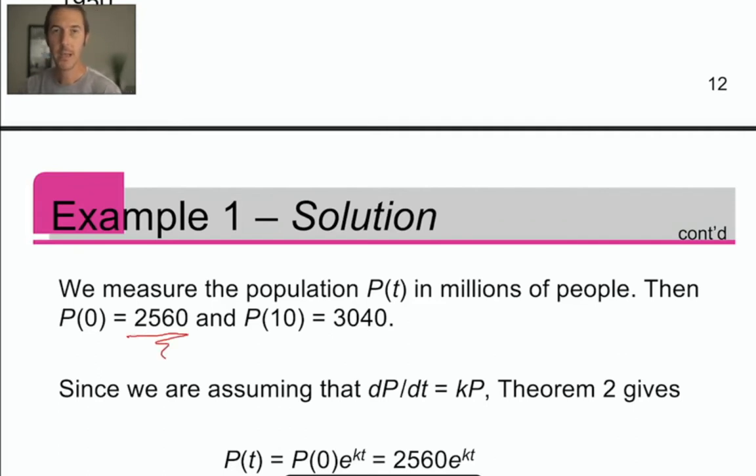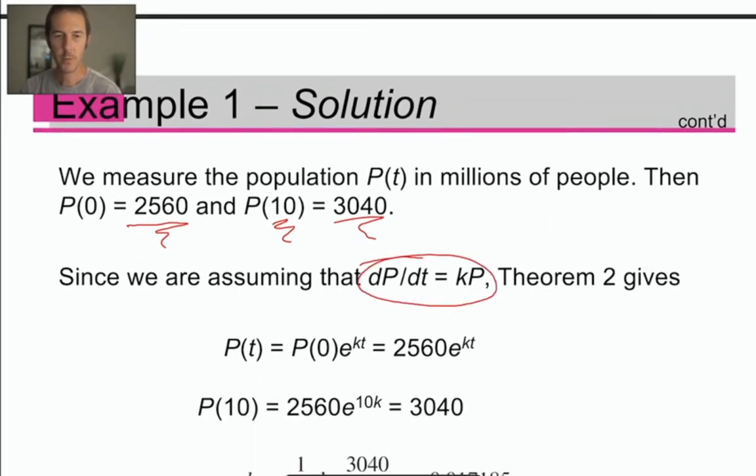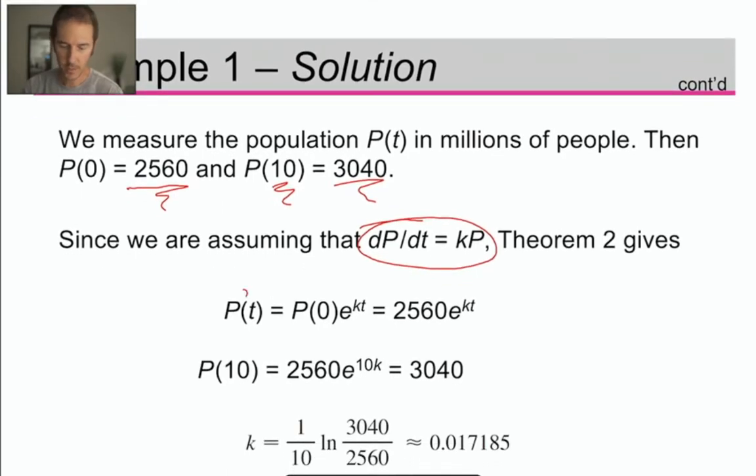And we were told that 10 years later, in the year 1960, the population of the world was 3,040 million. And since we're assuming that this relationship holds true, Theorem 2 tells us that our population function can be described as our initial population times e to the kt.